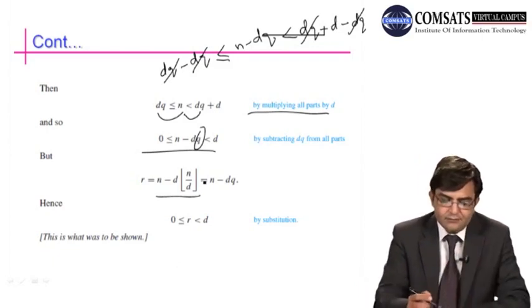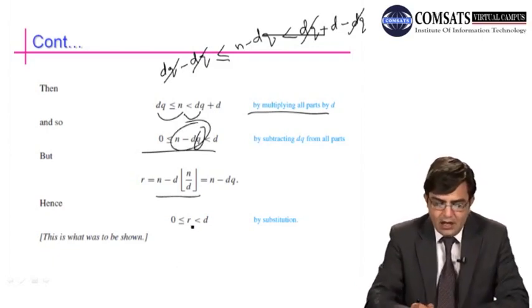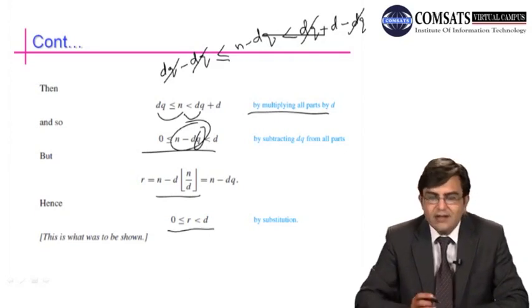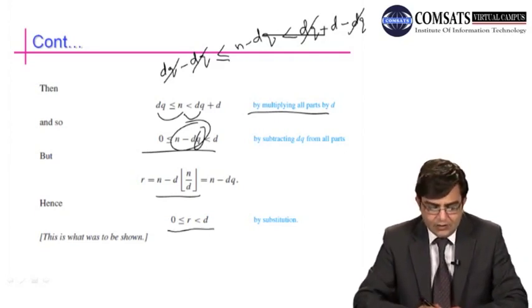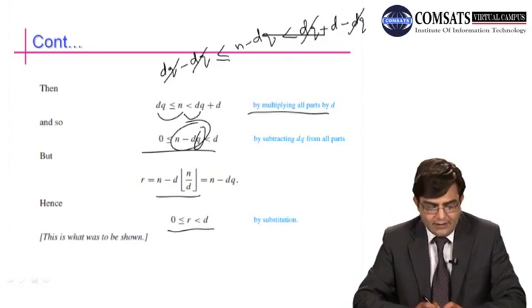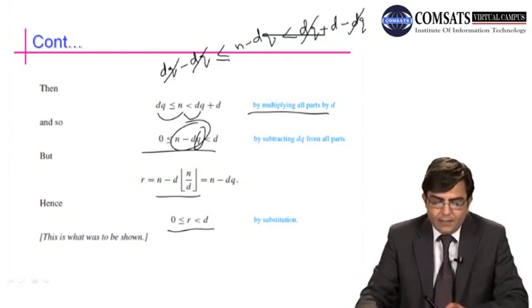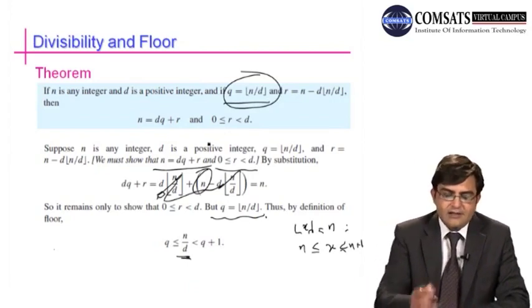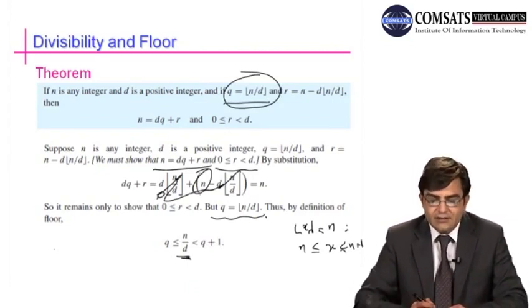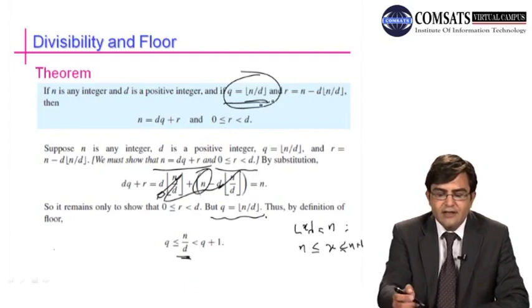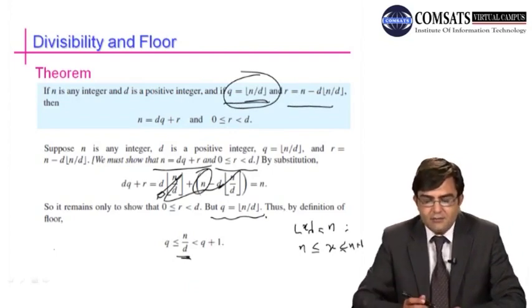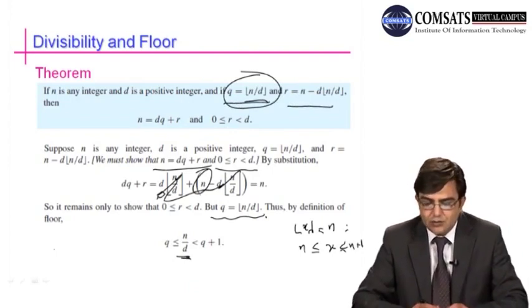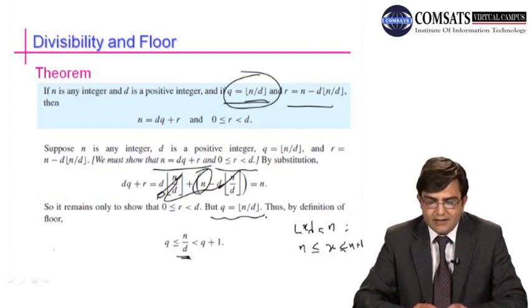So here we can write r is greater than or equal to 0 and less than d, which was required. And we have proved that n is equal to dq plus r, where r is greater than or equal to 0, less than d, where q is floor of n by d, and r is n minus d into floor of n by d.